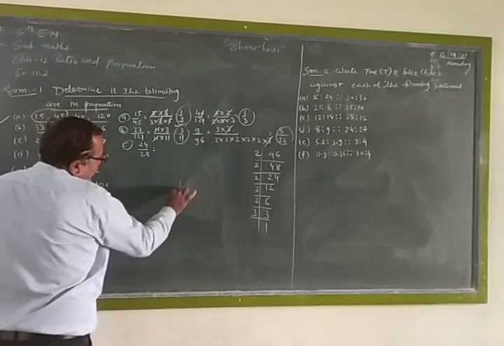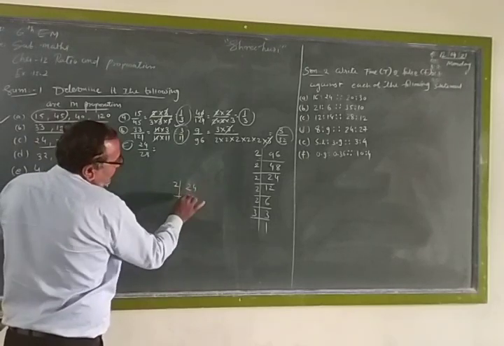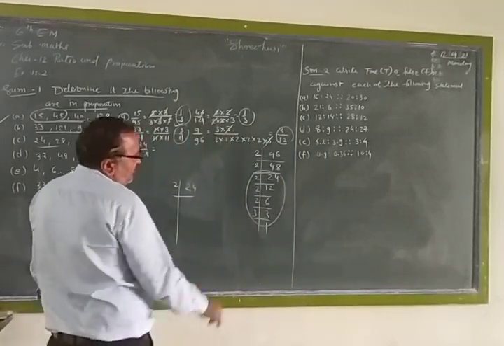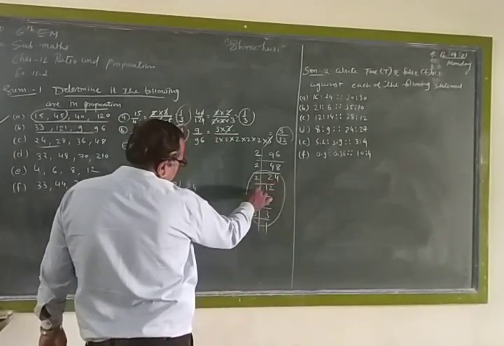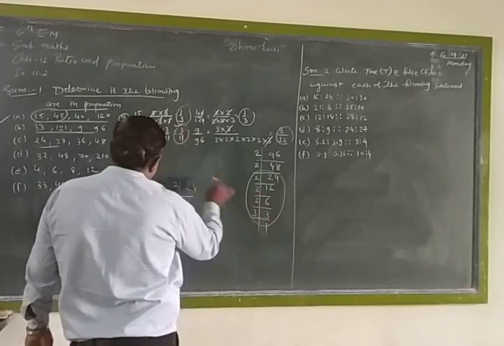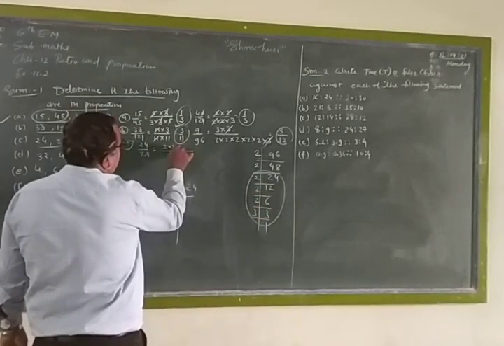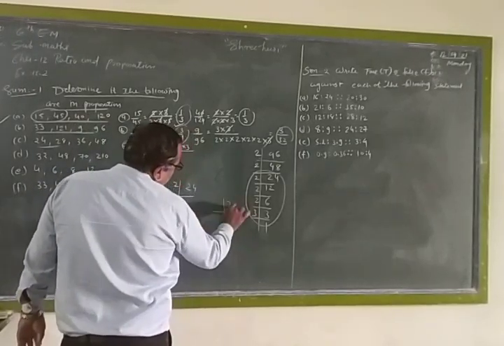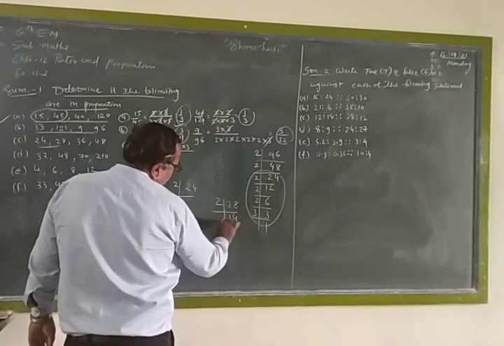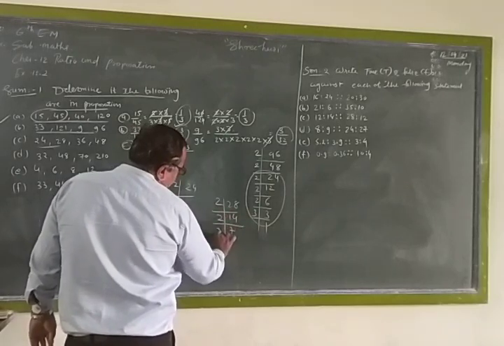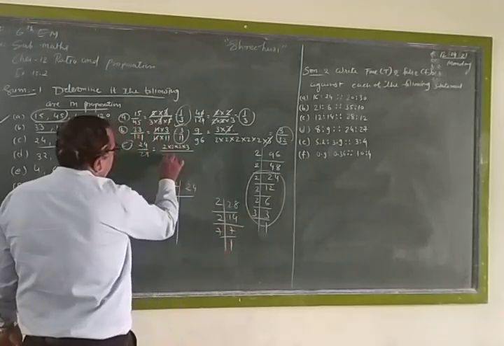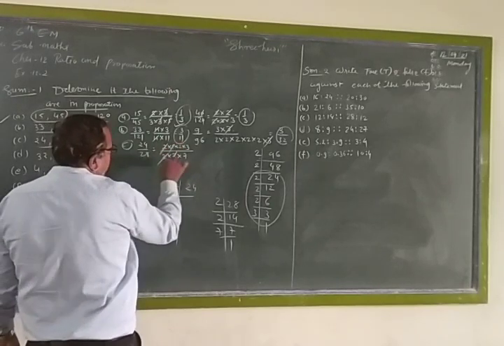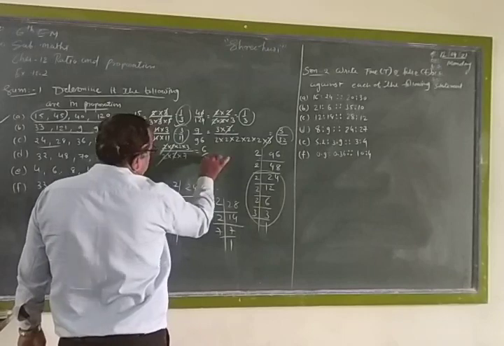The prime factors of 24, we already have: 2 times 2 times 2 times 3. Now the prime factors of 28 are 2 times 2 times 7. The 2s cut, and we get 6 upon 7.